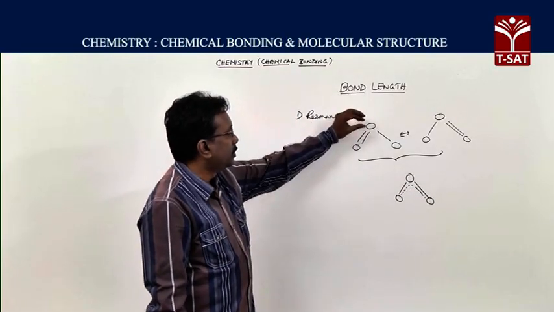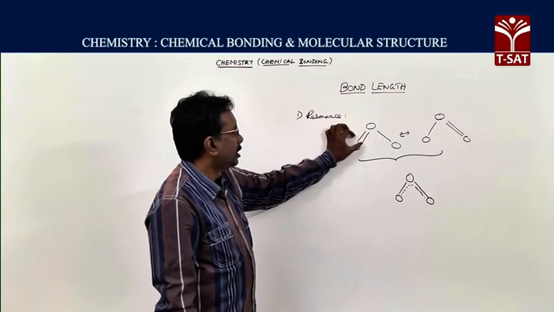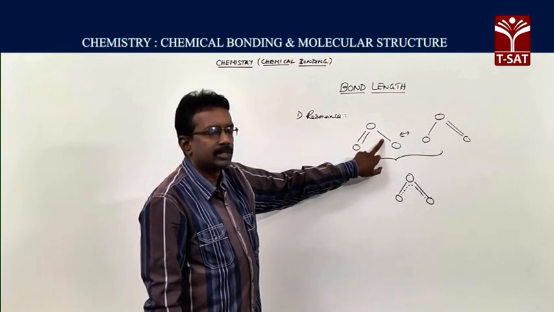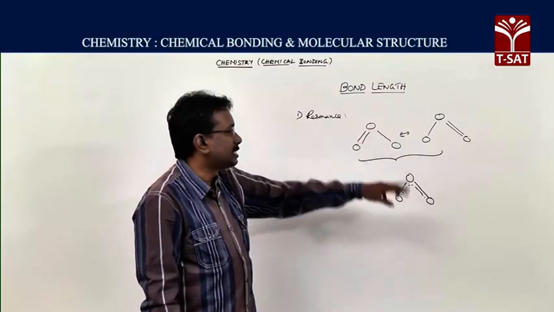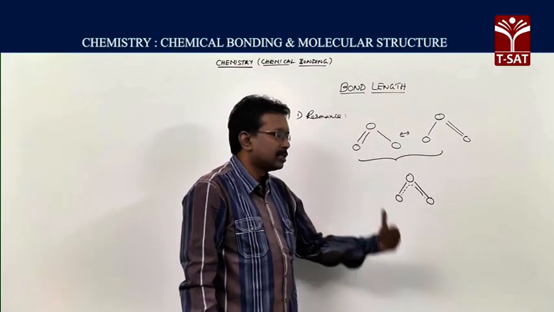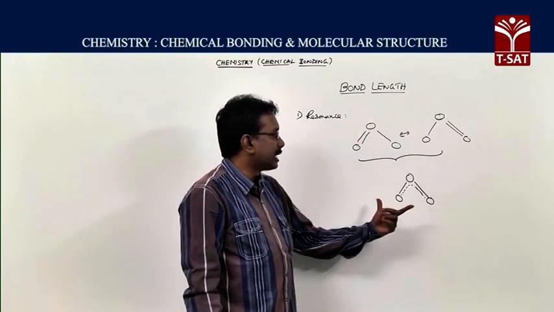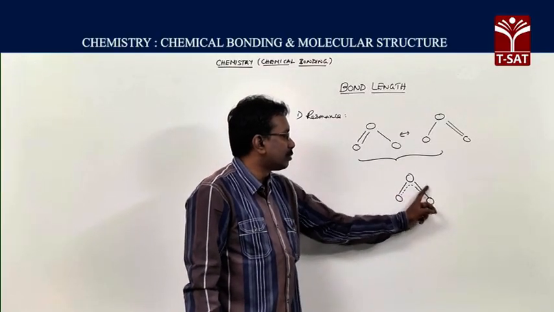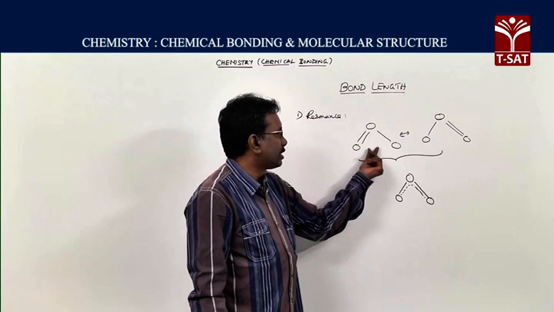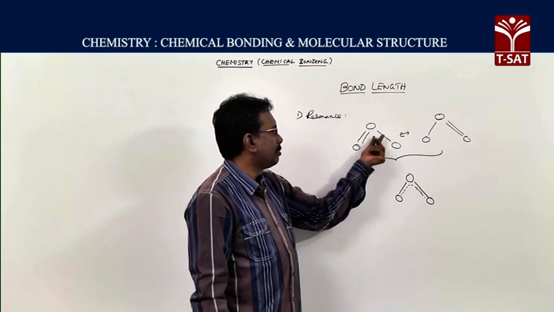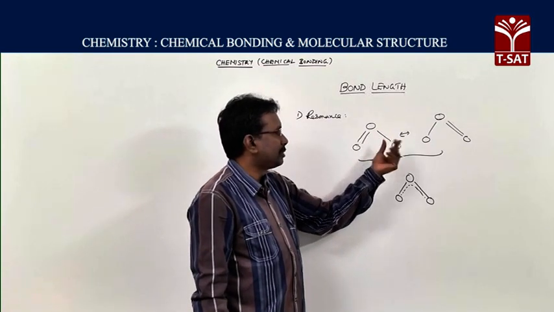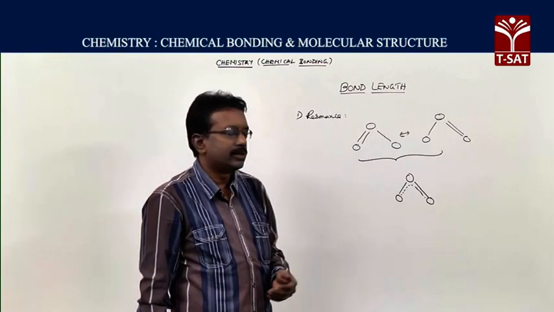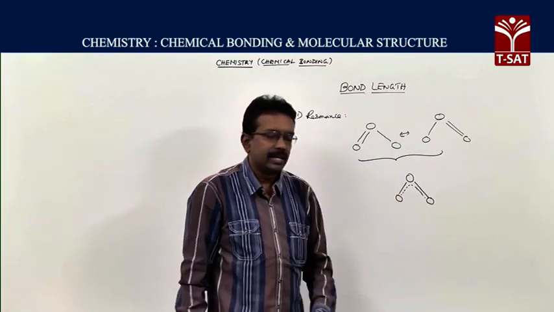Now if you observe this particular structure individually, double bond length and single bond length are definitely different, but in the case of ozone, both bonds are equivalent. Both bonds are equal in length. That means we have two equal bonds here in the ozone molecule. If you observe only one structure, clearly we see a double bond and a single bond, with different bond lengths, but experimentally in the ozone molecule, both bonds are equal in length.